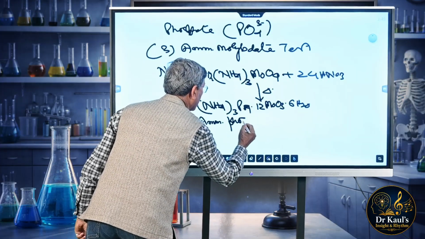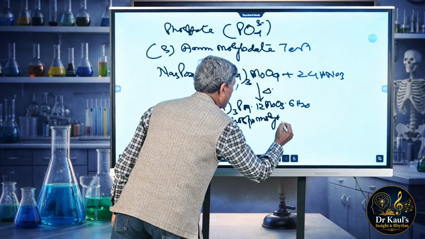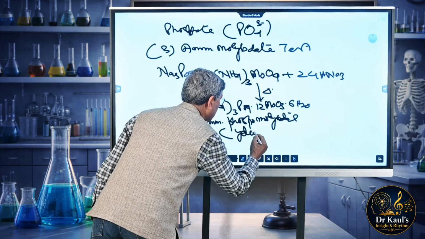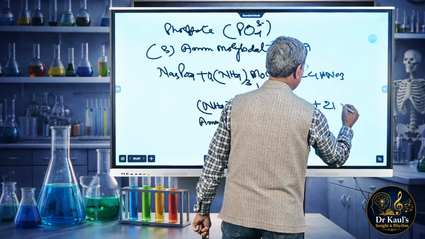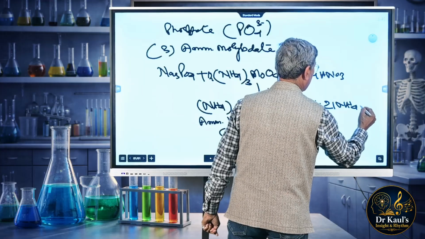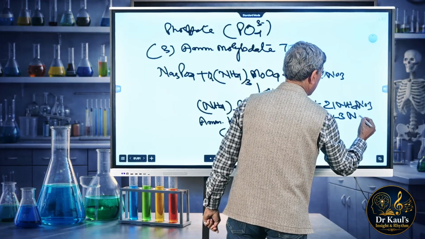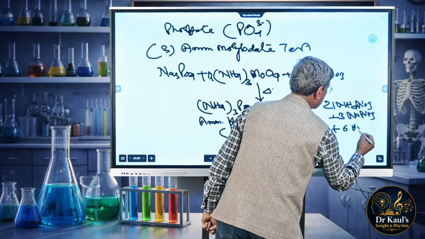Ammonium phosphomolybdate is yellow in color. Plus of course we'll be getting 21 ammonium nitrate plus 3 sodium nitrate plus 6 water molecules also.